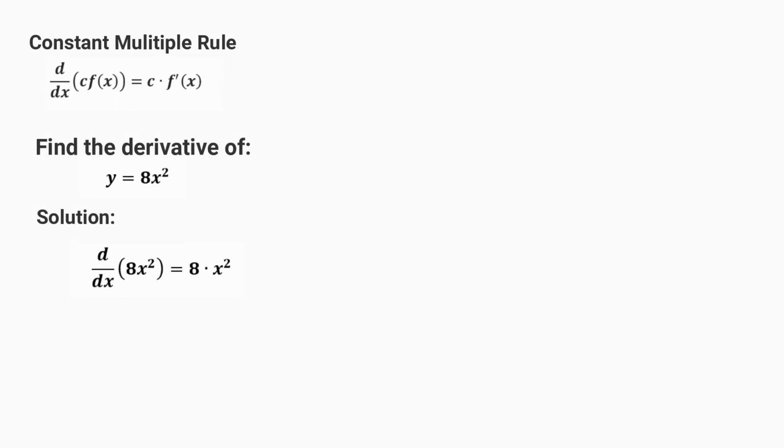Now 2 minus 1 is 1. So the derivative of x squared is 2x. Now let's multiply the constant 8 to the derivative of f of x, which is 2x. It is equal to 16x. Therefore, the derivative of 8x squared is equal to 16x.